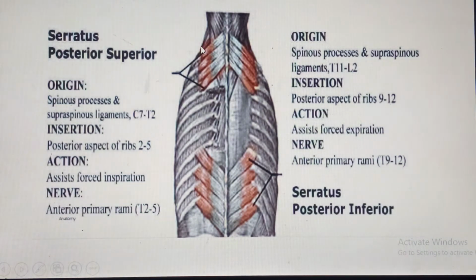But for serratus posterior, we have two groups: serratus posterior superior and serratus posterior inferior. One other thing is that they have nothing to do with the scapula, unlike serratus anterior, which is inserted at the ventral aspect of the medial border of the scapula. So that's one key thing.